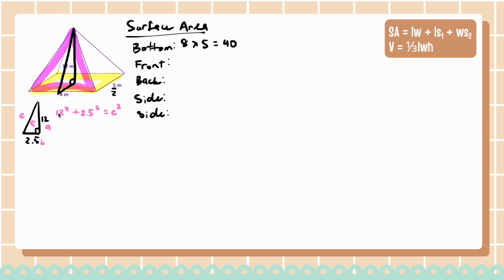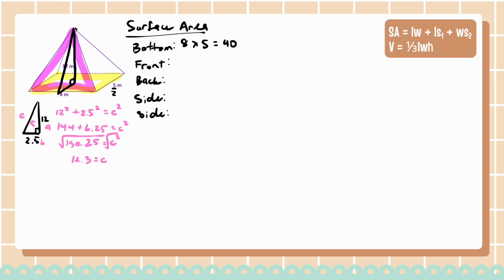To solve, 12 squared is going to get me 144, plus 2.5 squared is going to get me 6.25, is equal to C squared. Adding 144 plus 6.25 is going to get me 150.25, is equal to C squared. And then I want a square root to get rid of the square. So that leaves me with about 12.3 is equal to C.